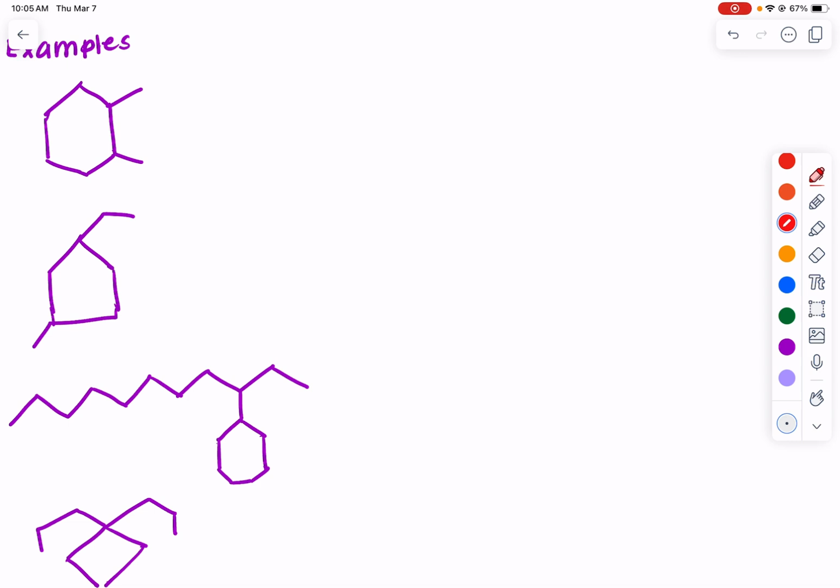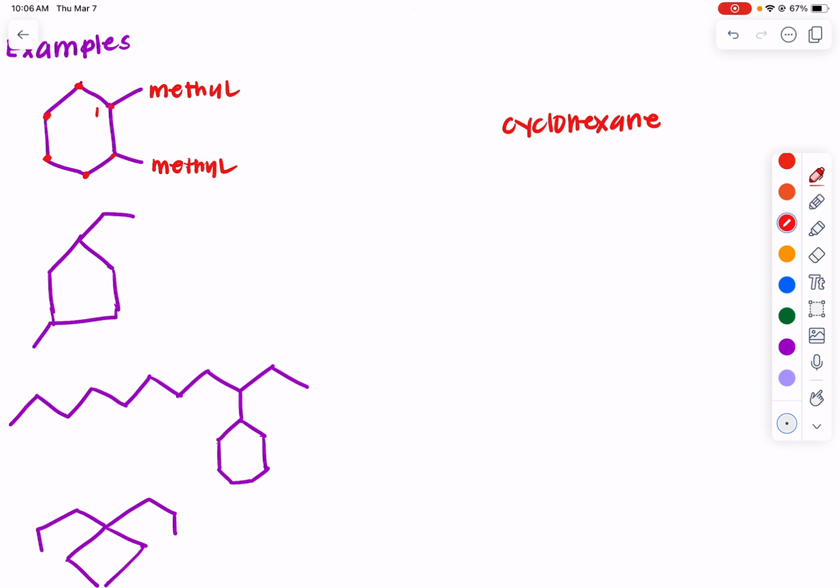We have a methyl group and another methyl group. Sorry, let's start from the beginning. This is 1, 2, 3, 4, 5, 6. So we have cyclohexane. It doesn't matter which methyl we start with.